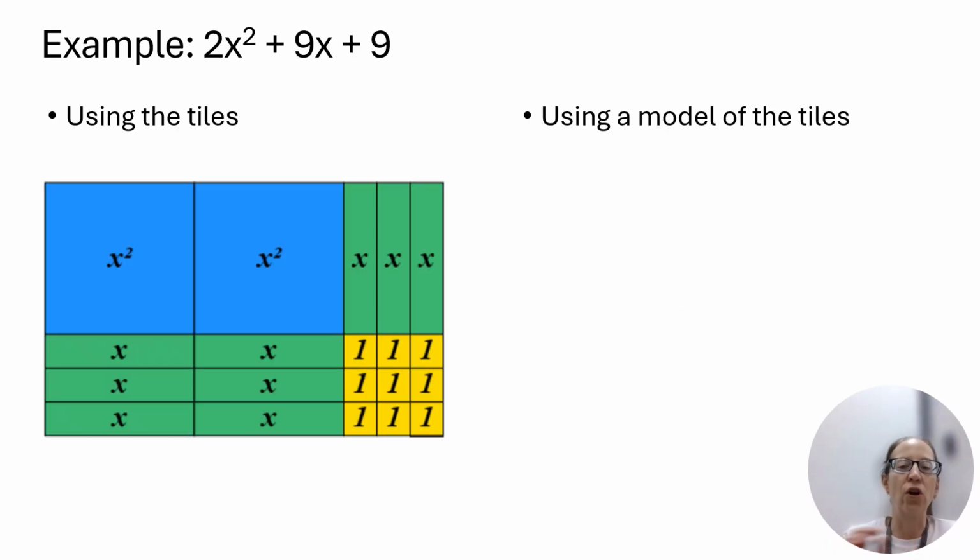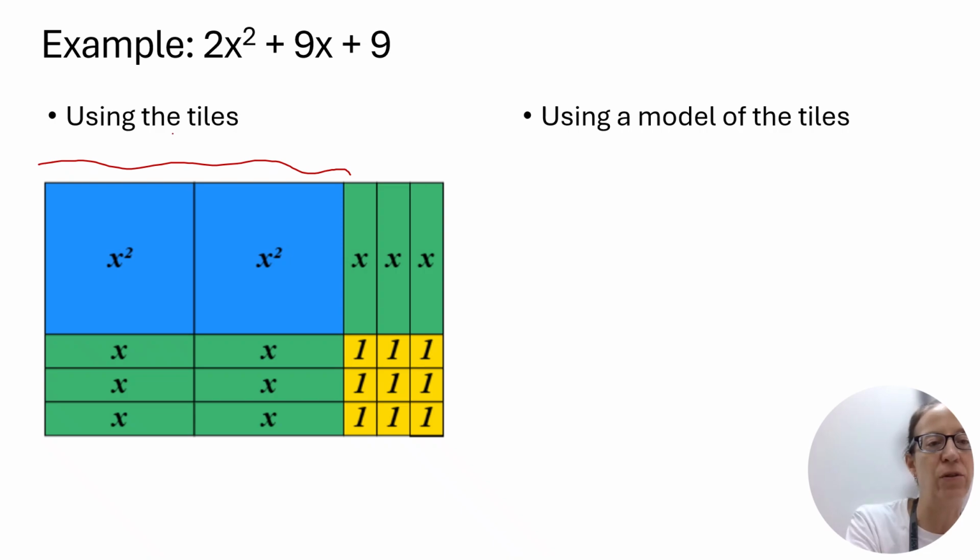Now, taking a look at this, we've got the problem 2x squared plus 9x plus 9, and we've got that factored using the tiles. Just to recap, what I can see here is that I have 2x plus 3, and then going down the side, I have x plus 3.